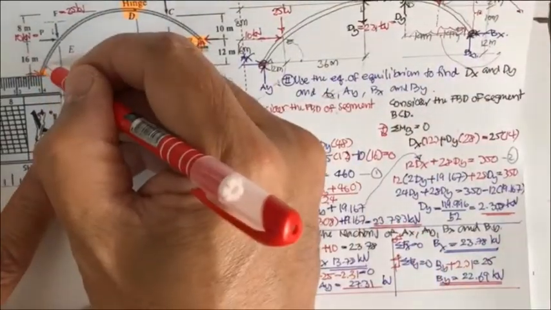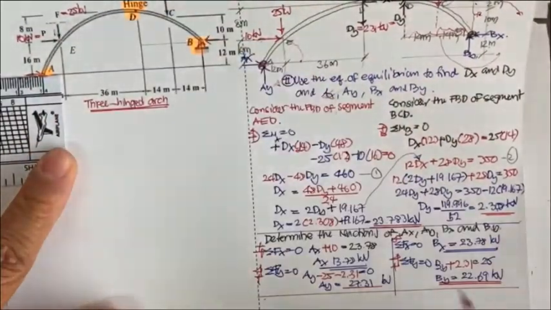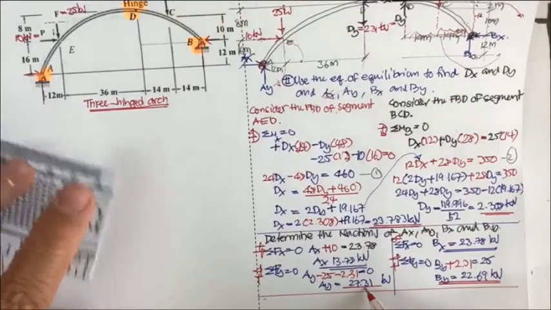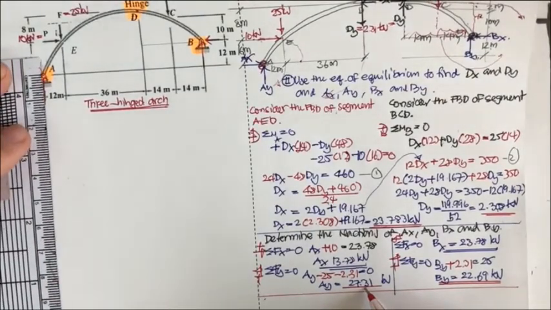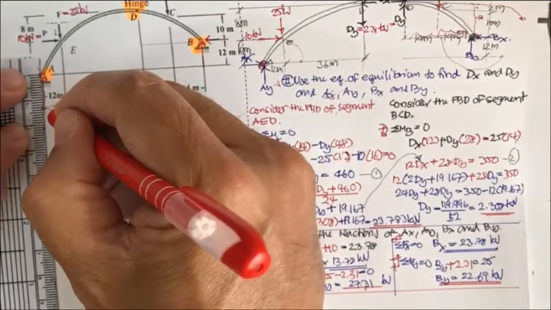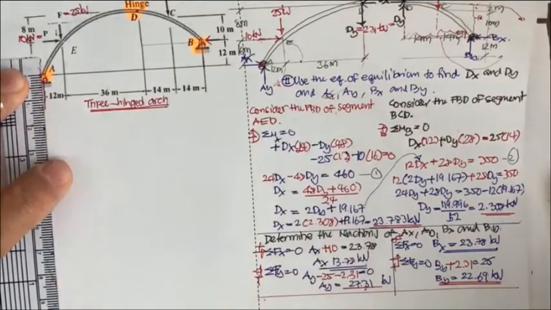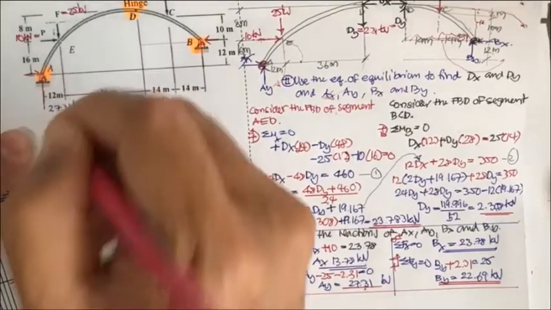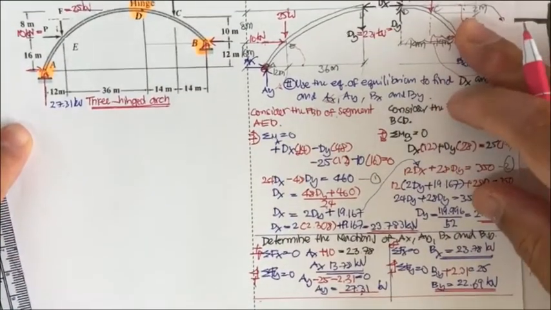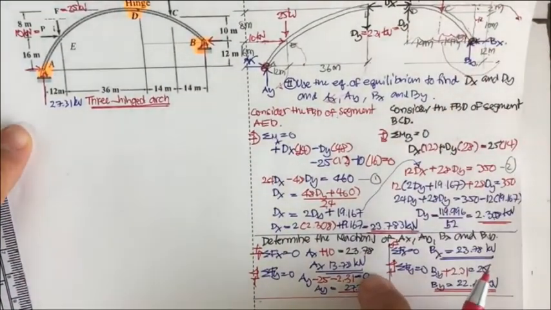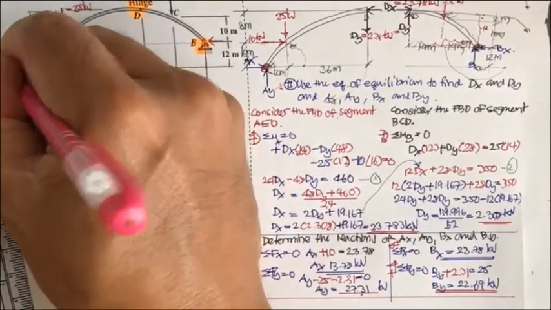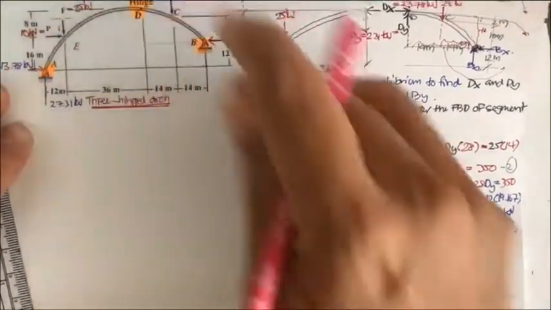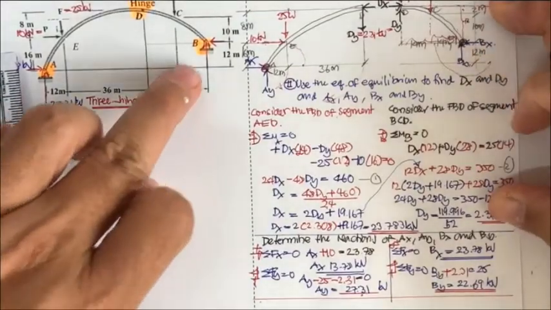The a sub y about 28, that is going to be 14 millimeter. Okay, and this is 27.31 kilonewton, and this is 13.78 kilonewton.